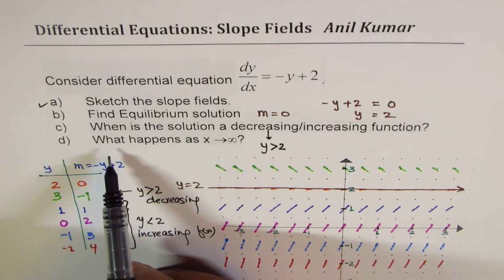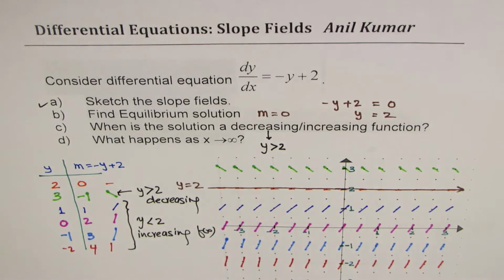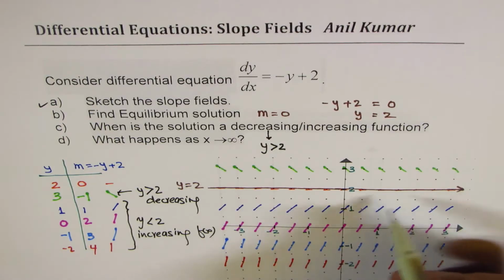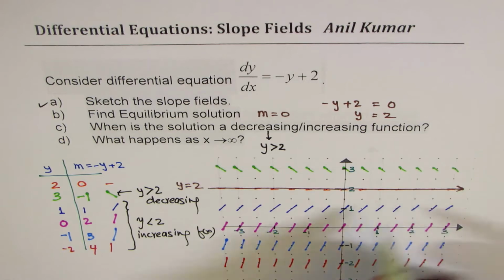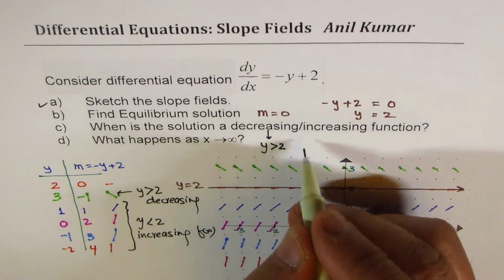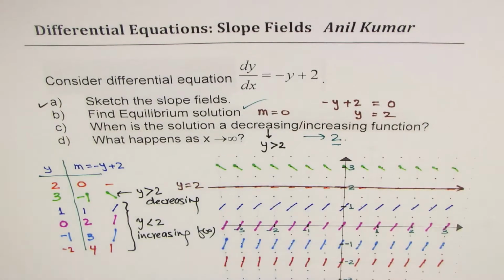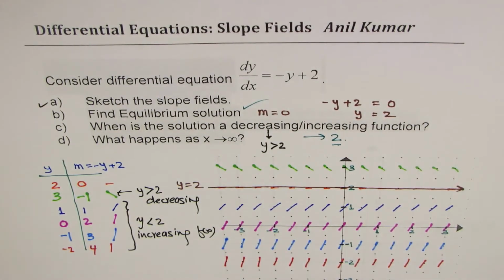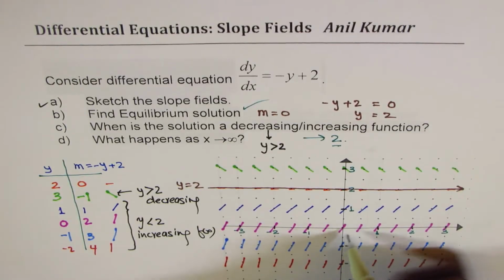The last question here is, what happens as x approaches infinity? Now if x approaches infinity, you see all these curves approach 2, right? So when x approaches infinity, it approaches a value 2, the equilibrium position. Do you see that part? Now to draw a particular solution, you select a point.